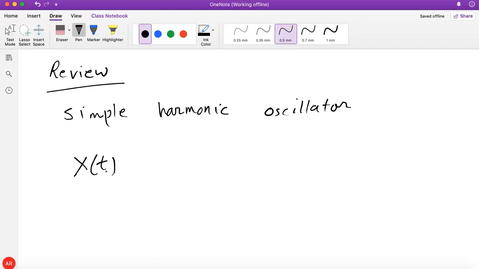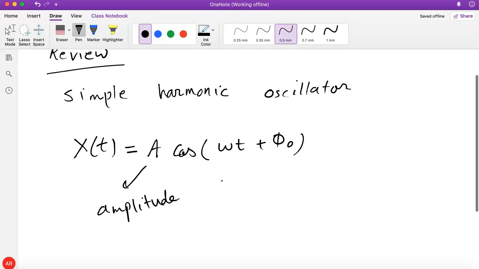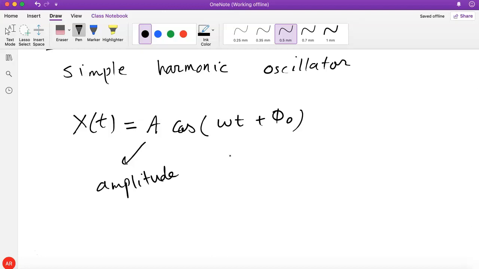For example, if we're thinking about the position of a particle being described by A, which was the amplitude, the maximum displacement, times cosine of omega t plus phi naught. Cosine goes between -1 and 1. Phi naught just tells you where you are at the beginning, when you set your clock, when time is equal to 0, what is the position and what is the velocity.